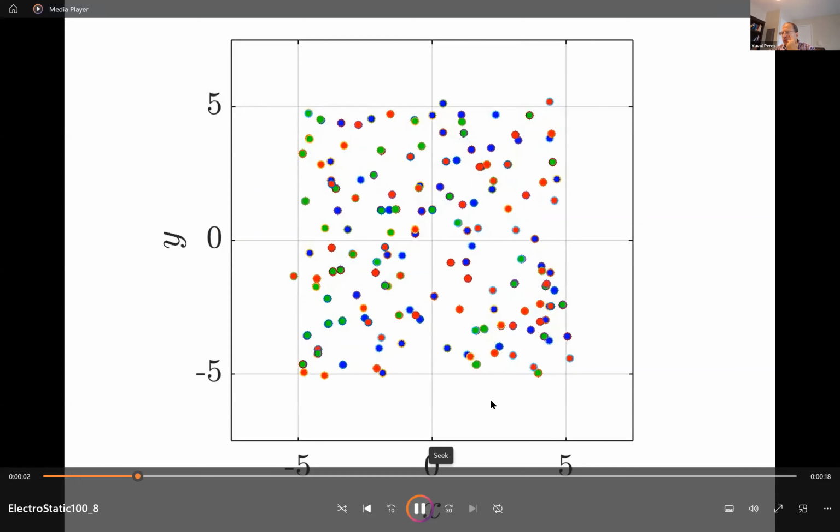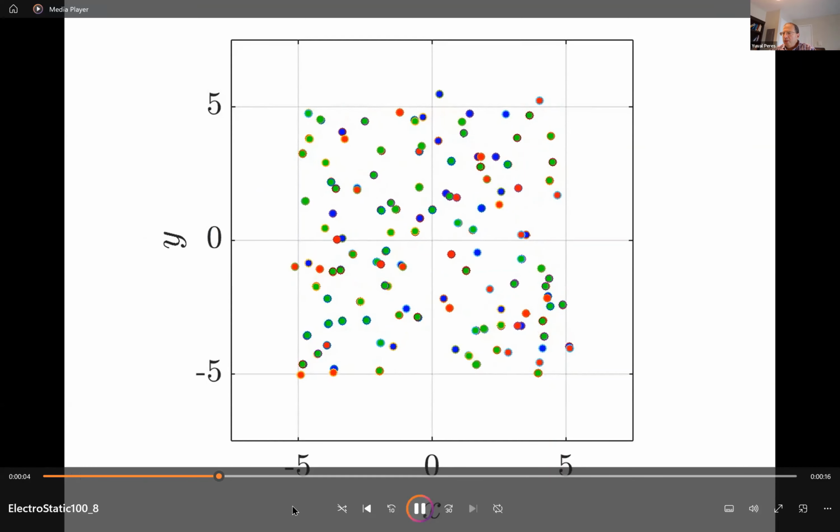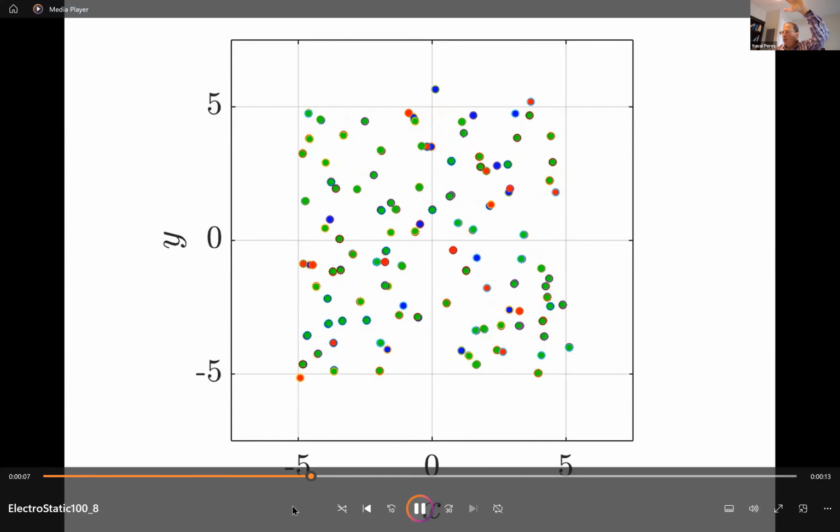We start with red points and blue points, and reds repel the reds, blues repel blues according to electrostatic rules.